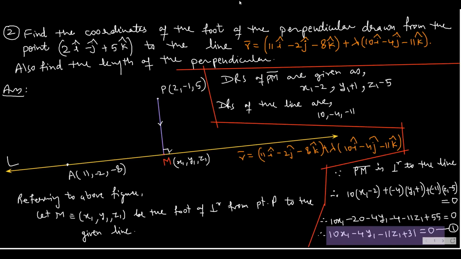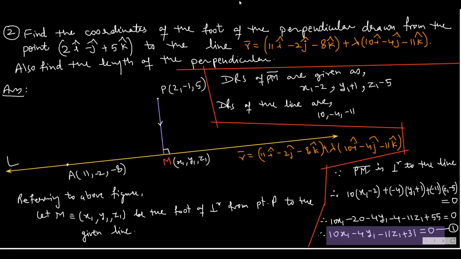As of now we do not know what x1, y1, z1 are, but we only know one thing: a point on this line, having x, y, and z coordinates, if it satisfies this, then it would be M. So for M, we got a specific relation. Now how do we go ahead? Let us see this.